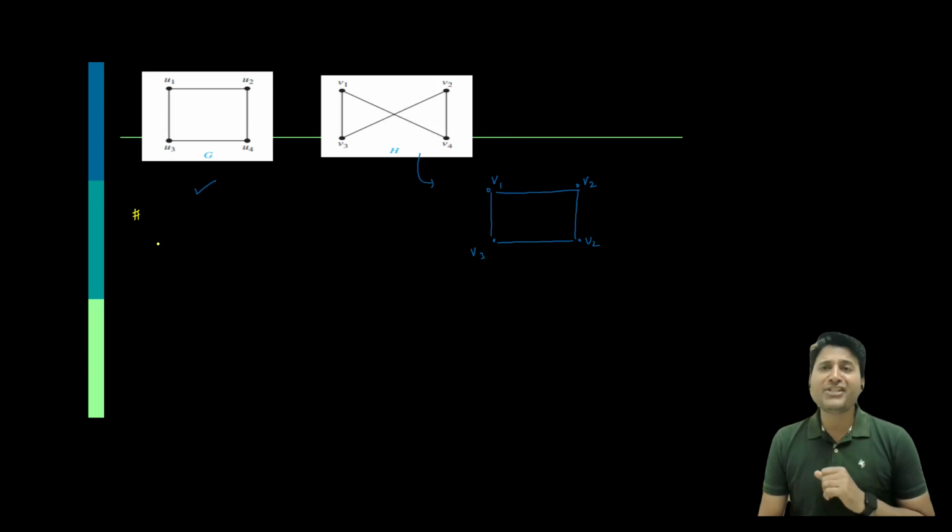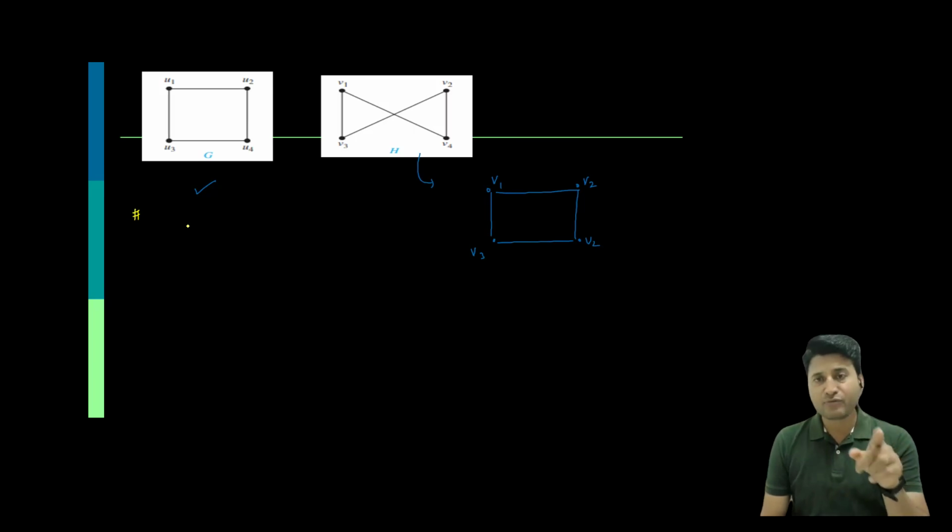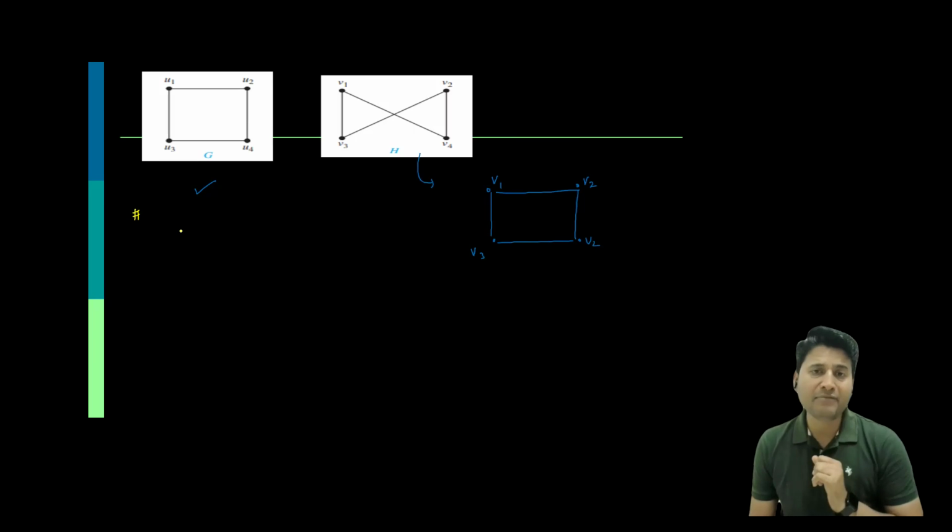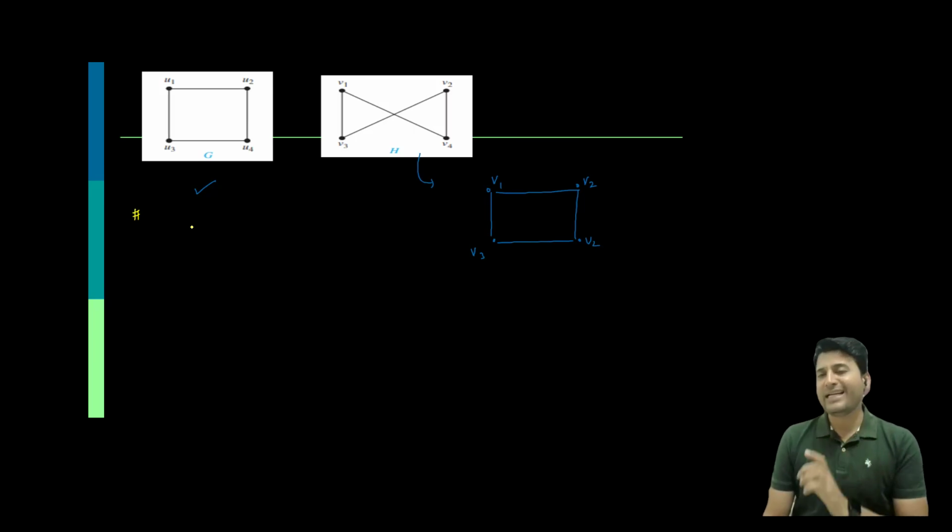As the definition says, a pair of graphs is said to be identical or isomorphic if there exists a one-one onto mapping from the set of vertices of the first graph to the set of vertices of the second graph, which preserves adjacency. Preserve adjacency means what?